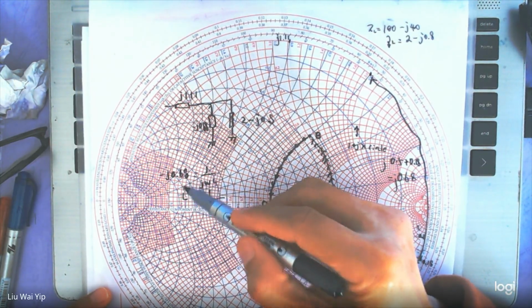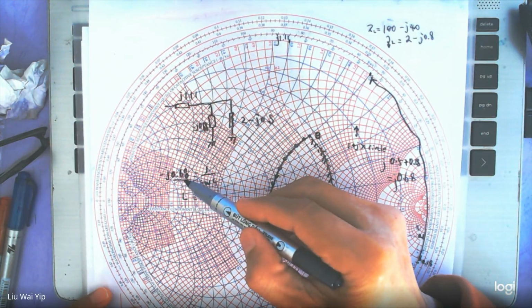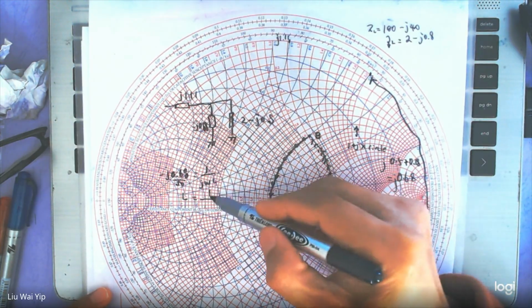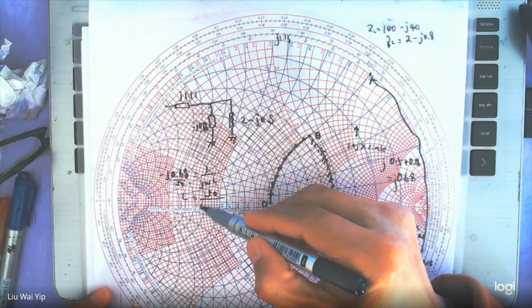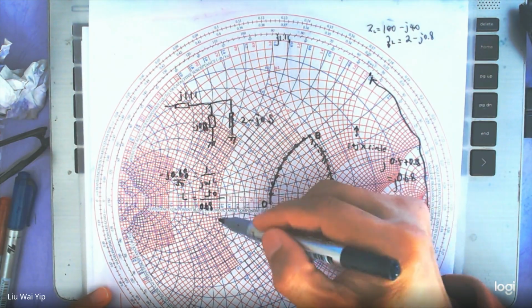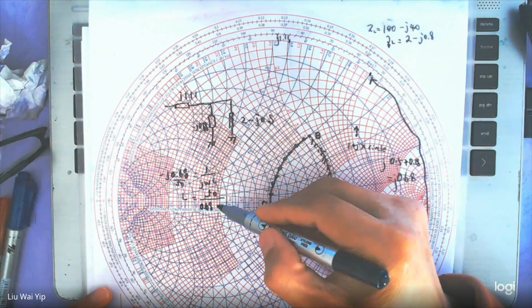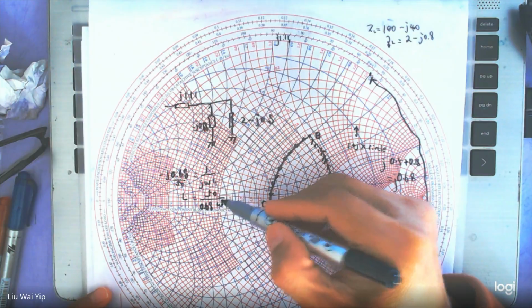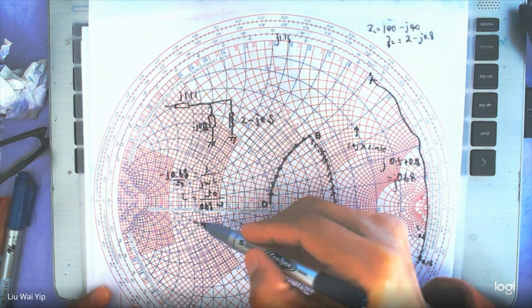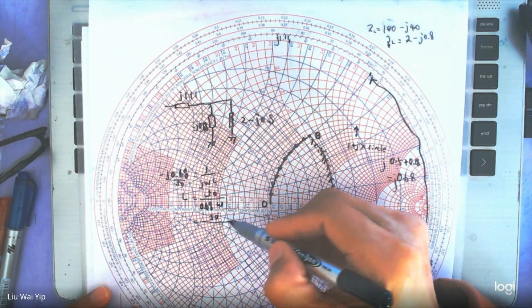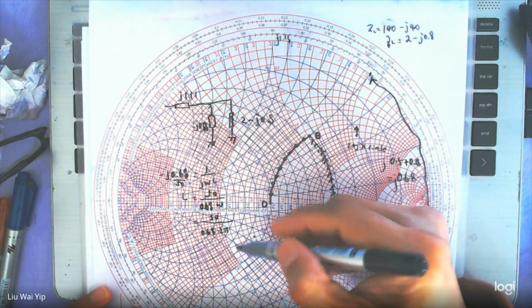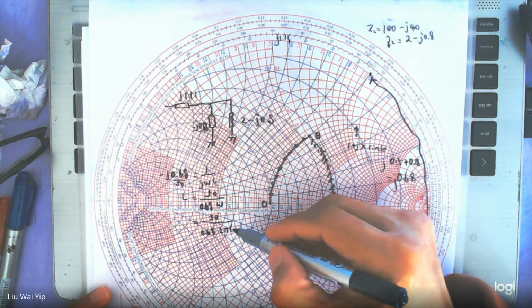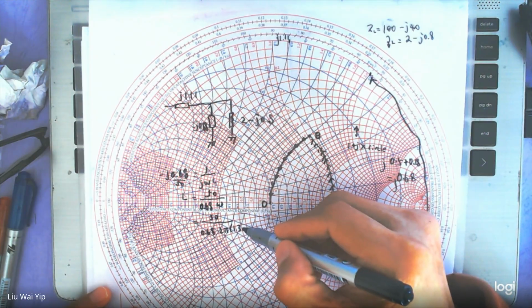To denormalize it, you need to divide by 50. So you get 50 here, and then 0.68, and then omega. But omega is equal to 2 pi, and then 1.3 gig.